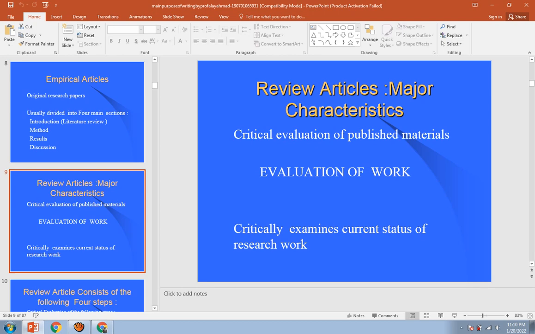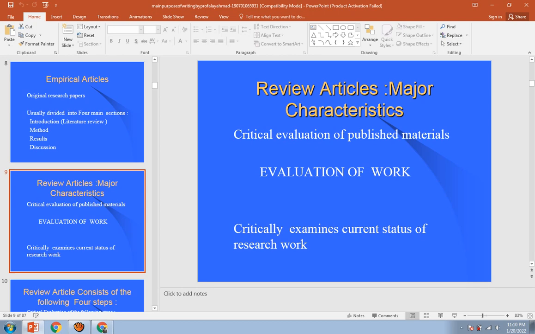For example, in psychology, you are discussing A.H. Maslow's hierarchy of needs. First of all, you discuss that Maslow in the beginning mentioned 5 hierarchies, then he mentioned 6, added 1 more, or you give your own opinion. You see that it's very difficult to give your opinion, but if you don't give your opinion, it will not be considered a review article.